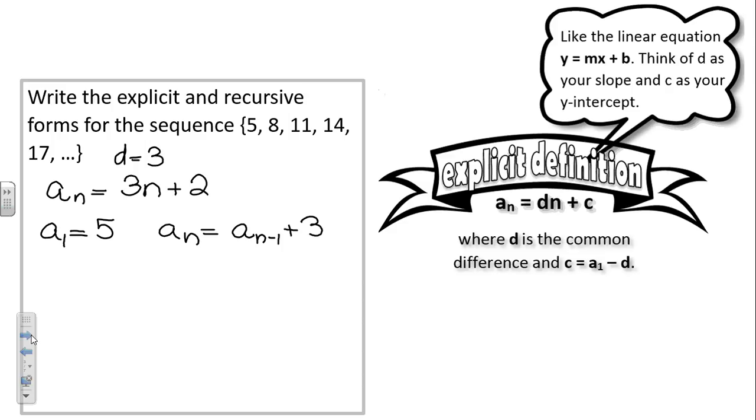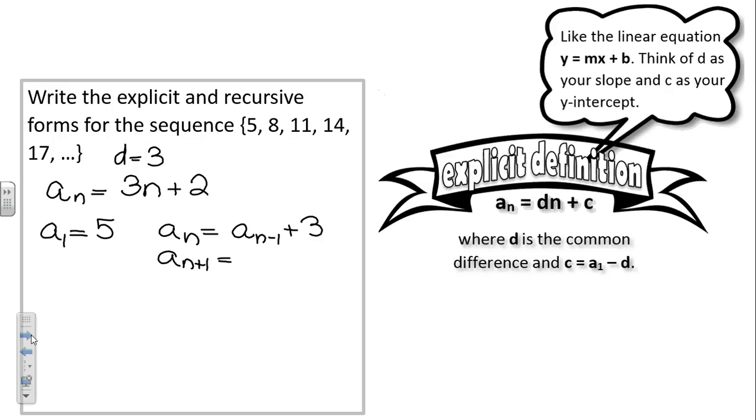So that's one way of writing that. Another way of writing it is to say a sub n plus 1. What's that? The n minus 1, it says if you're finding the second term, take the first term and add 3.